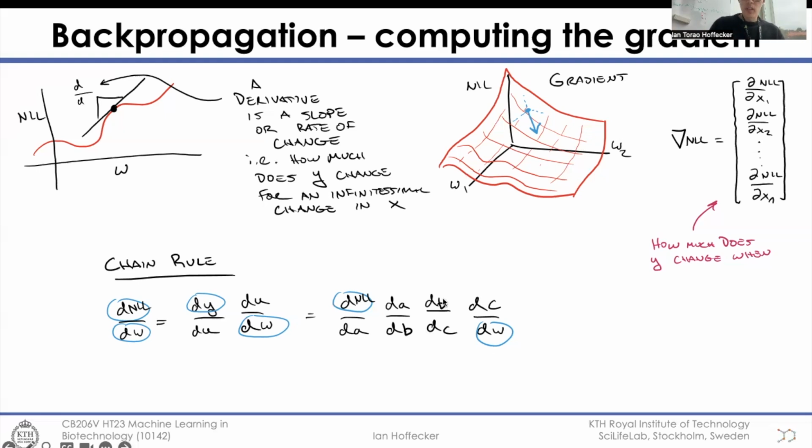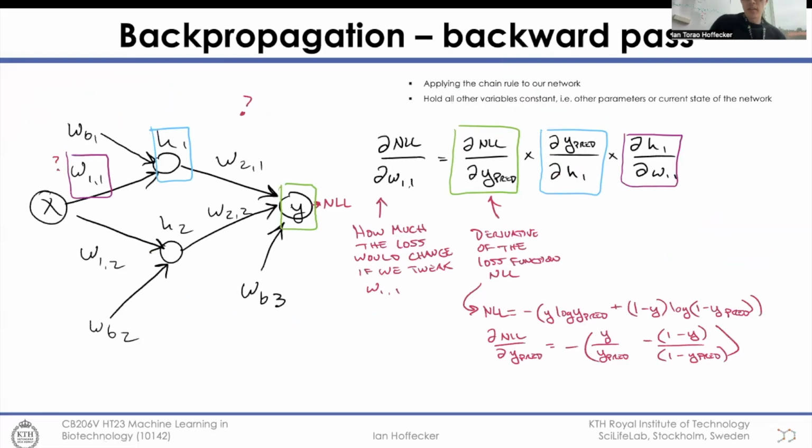But to compute them, we need to get there through intermediate computations, and that's where the chain rule is going to help us. The word propagation in back propagation comes from this act of starting from the output value. We're able to compute dNLL dy, the derivative with respect to the predicted output.